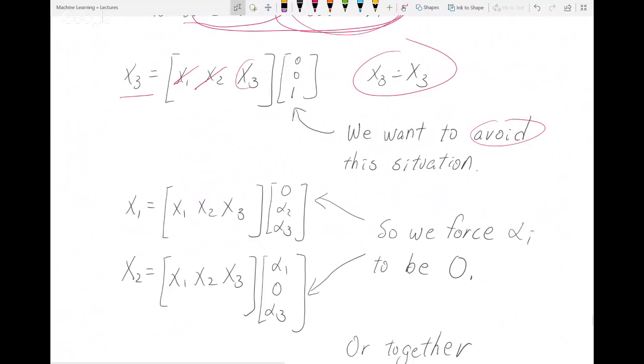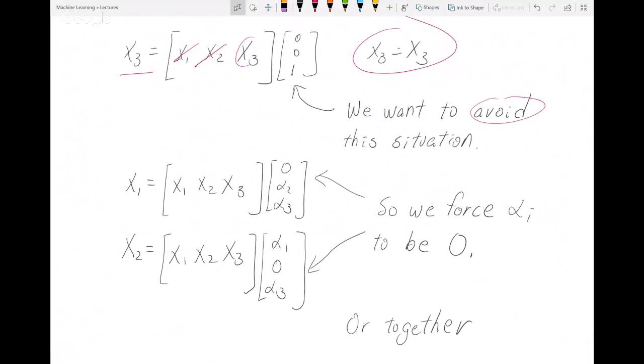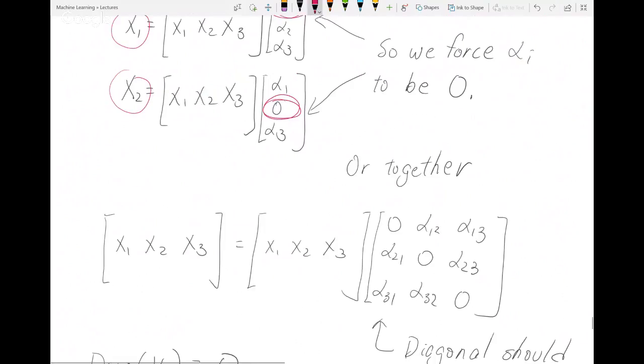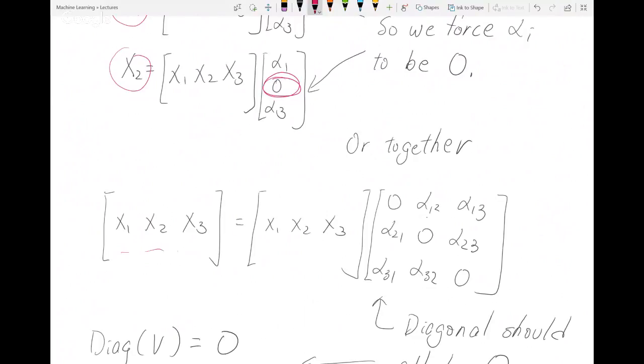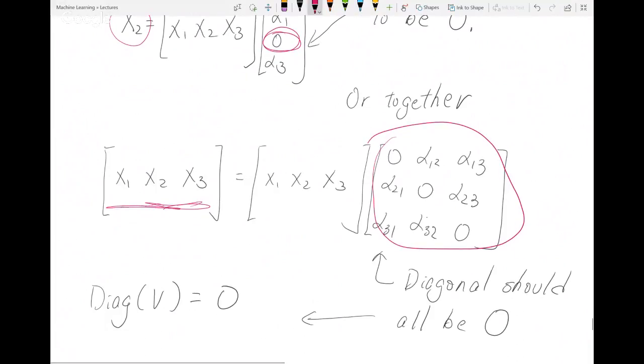So to avoid this situation, what we do is, if it's x1, we want to force this no matter what to be 0. If it's x2, we want to force this one to be 0, right? Altogether, if we are looking at every single one of them, notice we are trying to enforce the diagonal to be all 0.